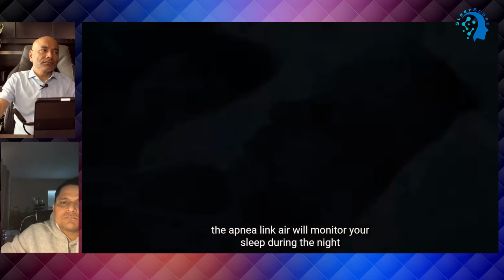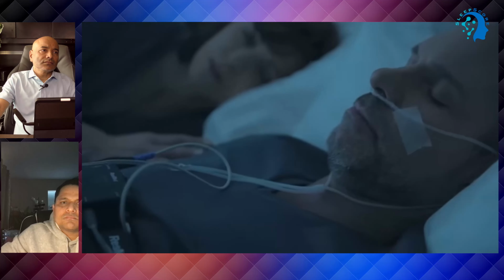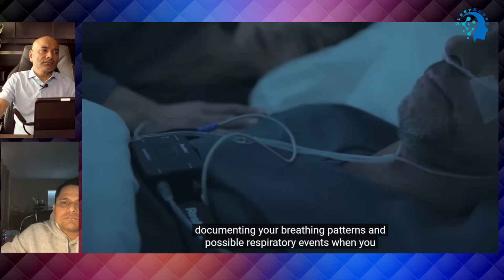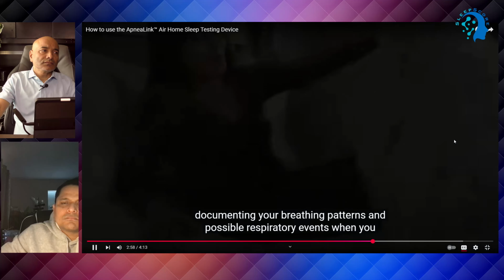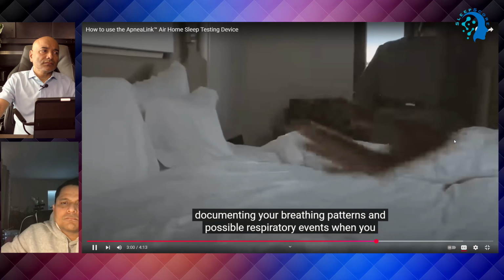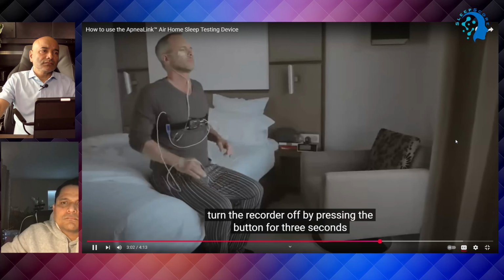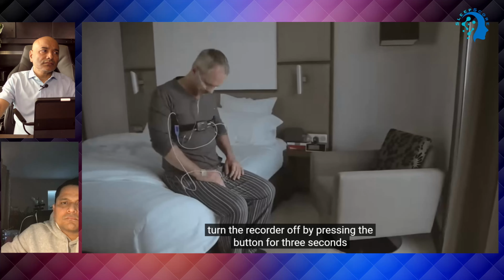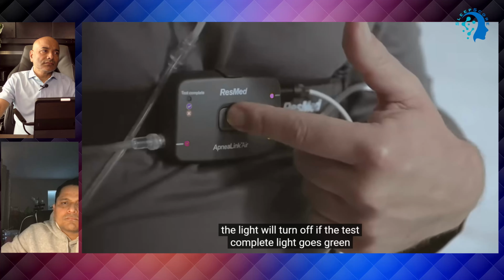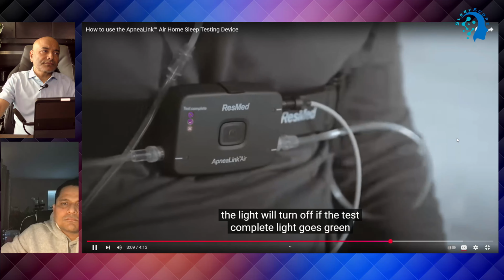The Apnea Link Air will monitor your sleep during the night, documenting your breathing patterns and possible respiratory events. When you wake in the morning, turn the recorder off by pressing the button for 3 seconds. The light will turn off.